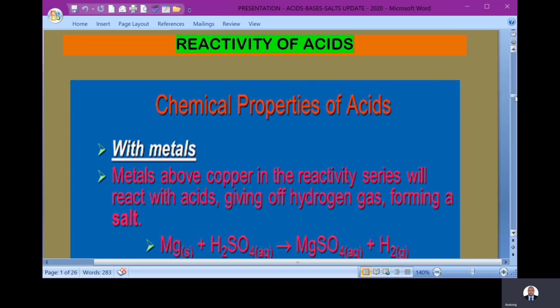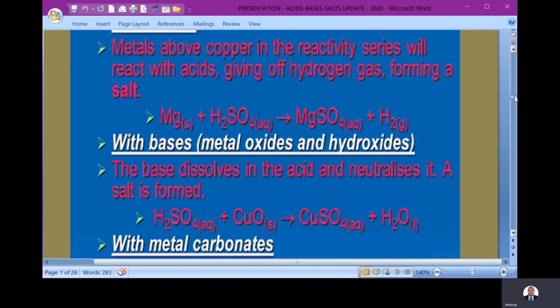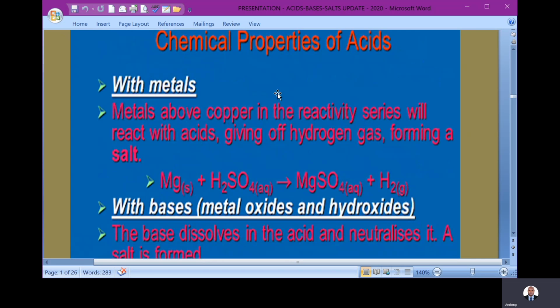As I told you, a salt is a compound that is formed when the hydrogen in the acid is replaced by the metal. Take for instance the reaction of magnesium ribbon with sulfuric acid: the hydrogen in the sulfuric acid is replaced by the magnesium, forming the salt, and hydrogen is released.